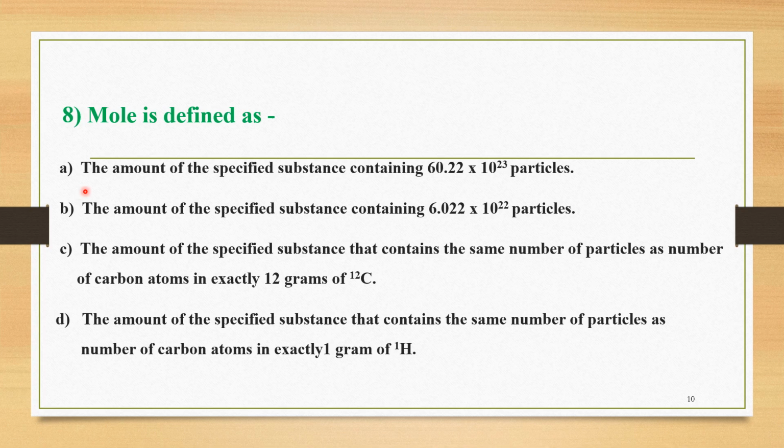Now, if we know the definition of the mole, then it is clear from the definition that in order to take into consideration the amount of a particular substance, we have to use this unit called the mole.